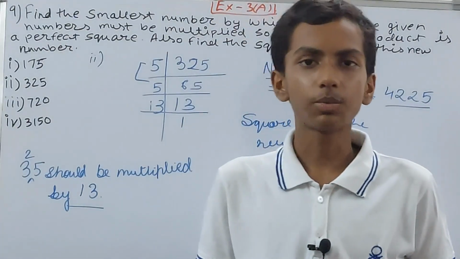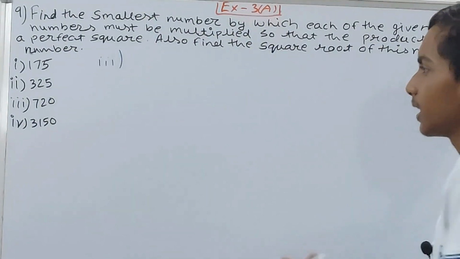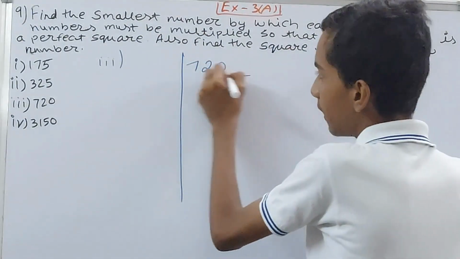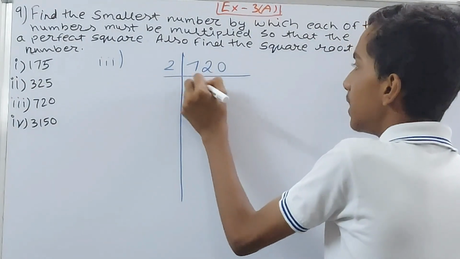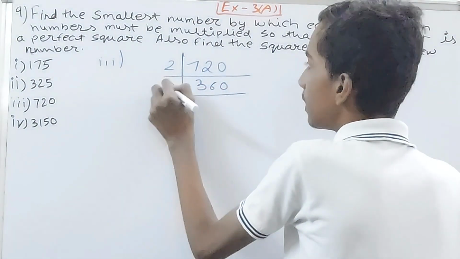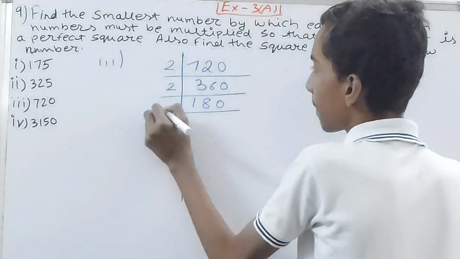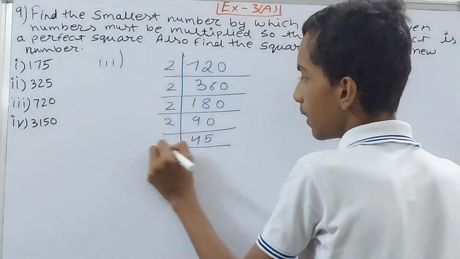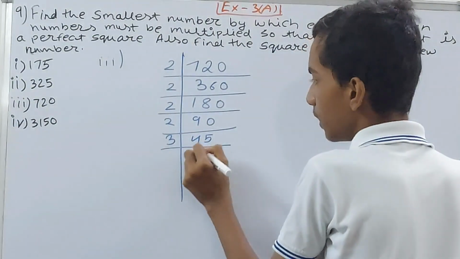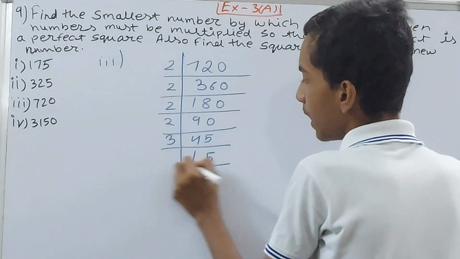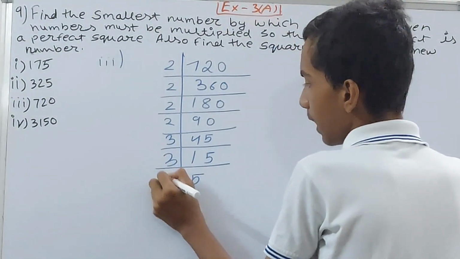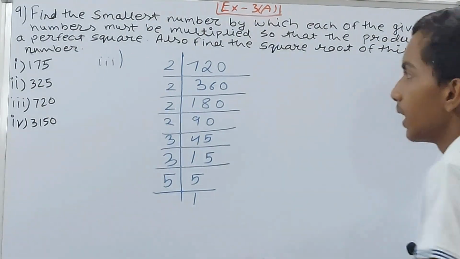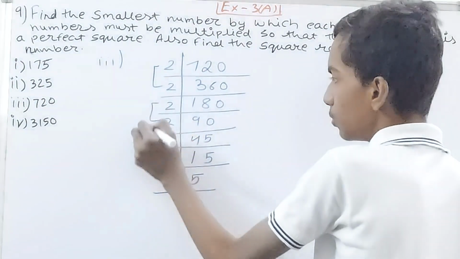Now let's move on to the next part. Next number is 720. Again we will do its prime factorization. So 360, 180, 90, 45, and 3, so 15, again 3 here, so 5 and 5. Now make the pairs: 2 and 2, and 3s.